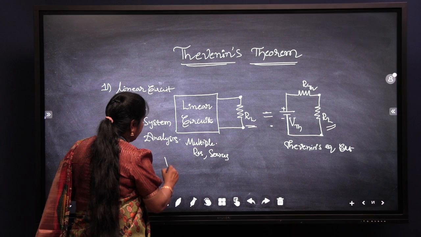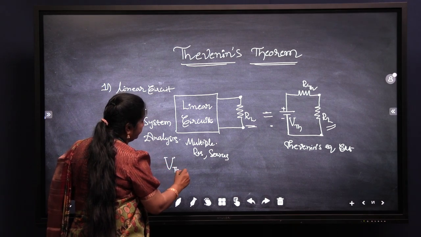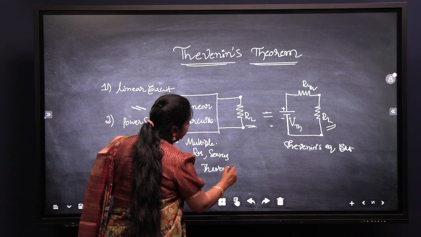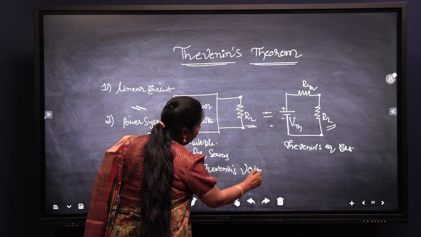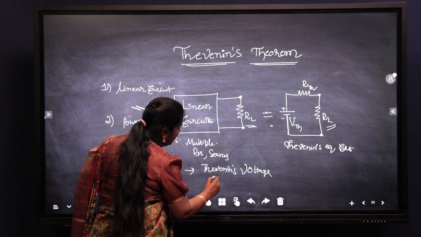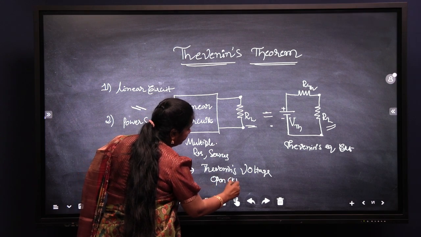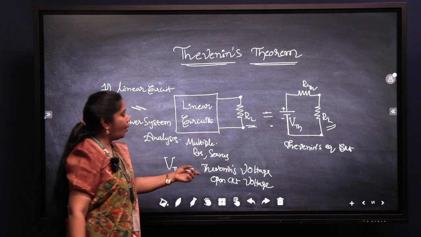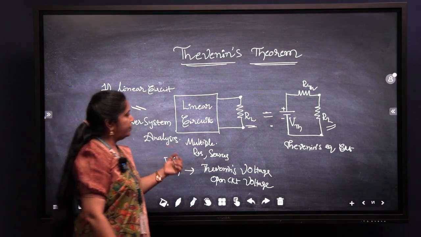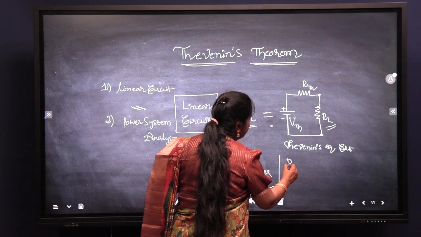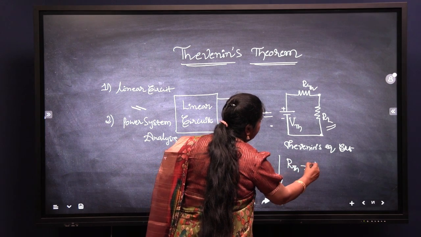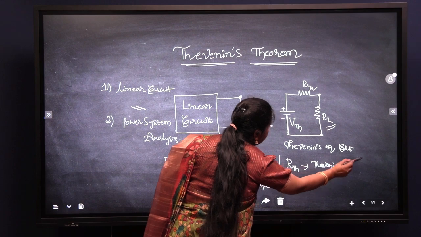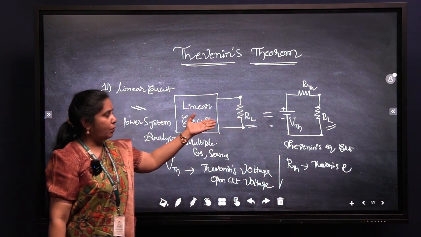VTH, the Thevenin's voltage, we can also call the open circuit voltage. Another name for Thevenin's voltage is open circuit voltage. And RTH is our Thevenin's resistance.